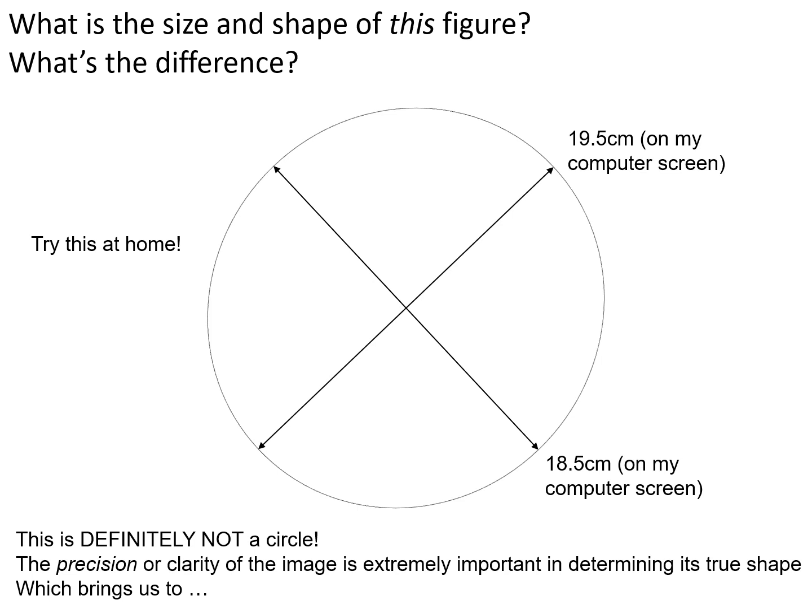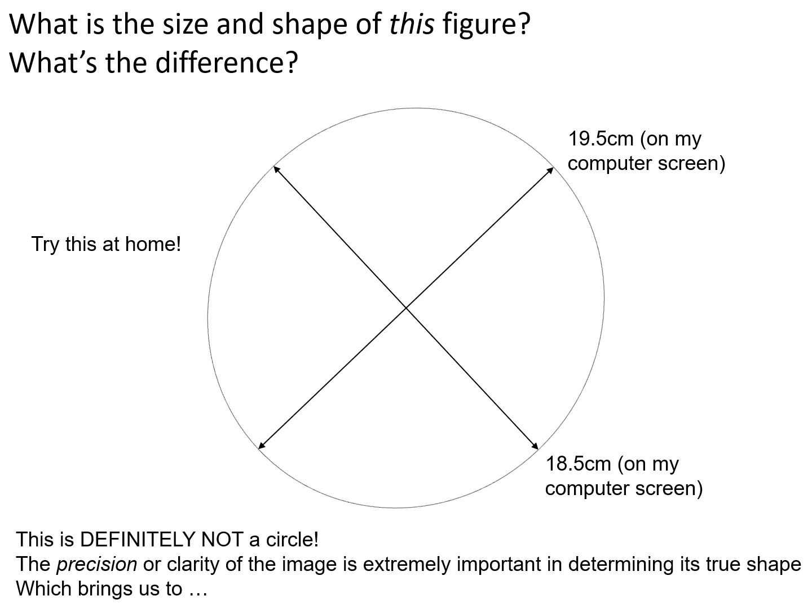Certainly the narrowness of the line greatly affects how you can measure the size and shape of either figure. On my computer screen, this figure is about 19.5 centimeters in one axis and about 18.5 centimeters on the other axis. So it's very clear that this is not a circle. This is not perfectly symmetrical. This is, in fact, an ellipse.